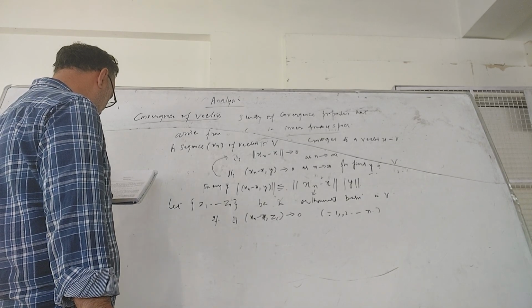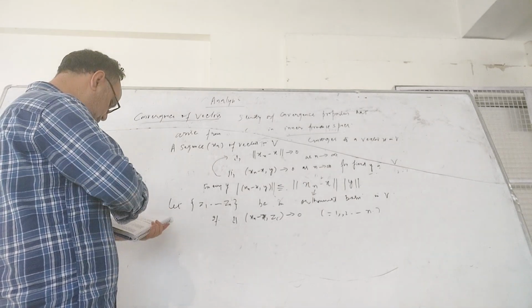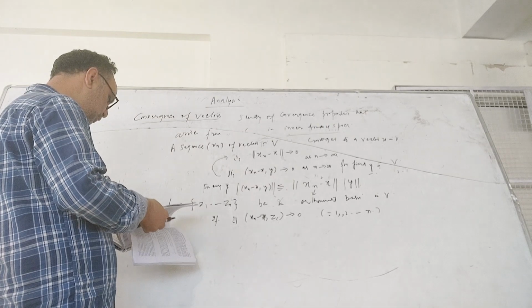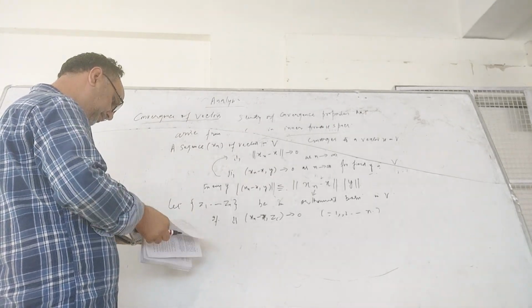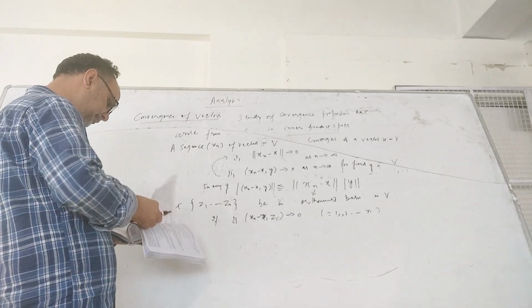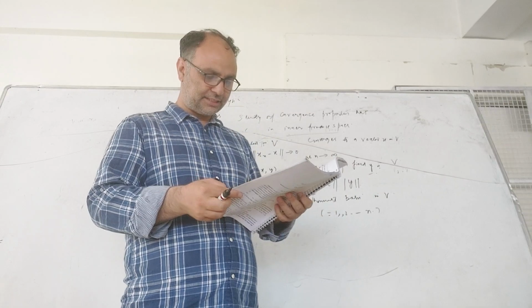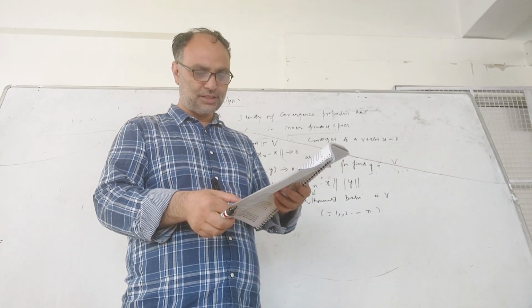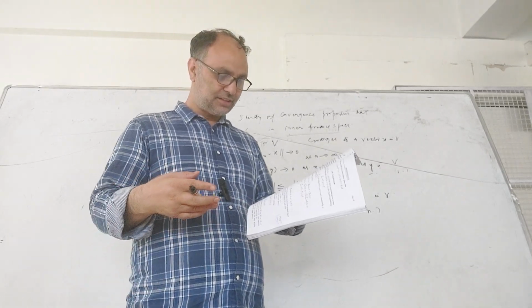So from theorem 63, we have the logic: if you go to section 63, for example, if you read the sections, we have just shown that if chi is a finite orthonormal set in an inner product space, the following six conditions are equivalent.